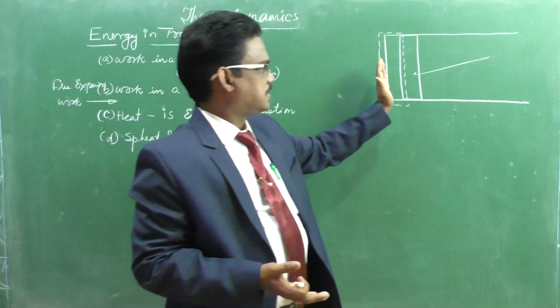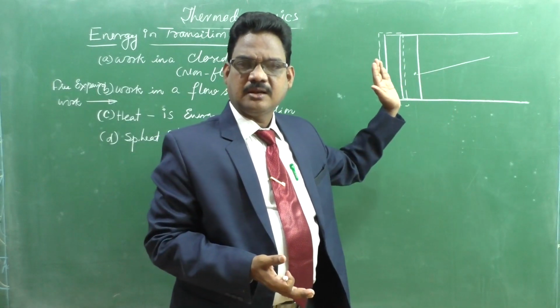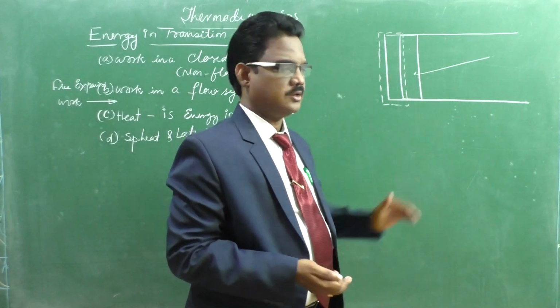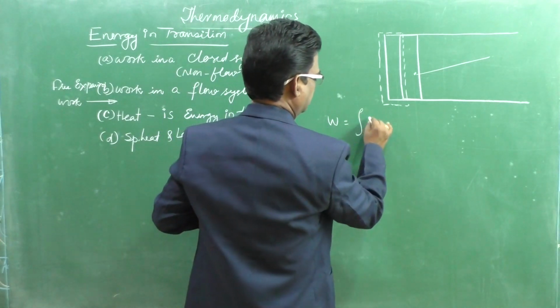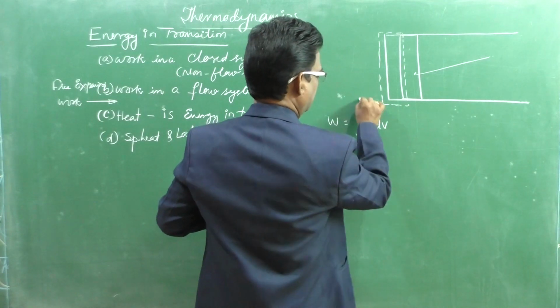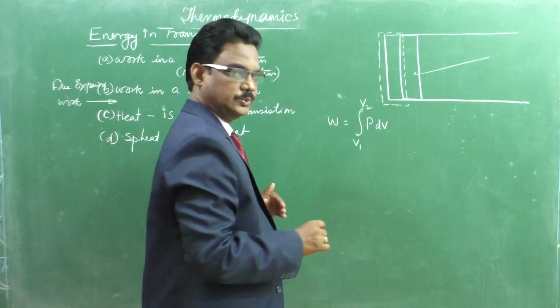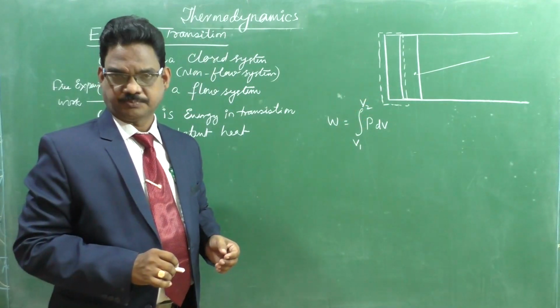After that, some displacement will exist. Integral P dV. W equals integral P dV within the limits of V1 and V2. This will give us work done in this system.